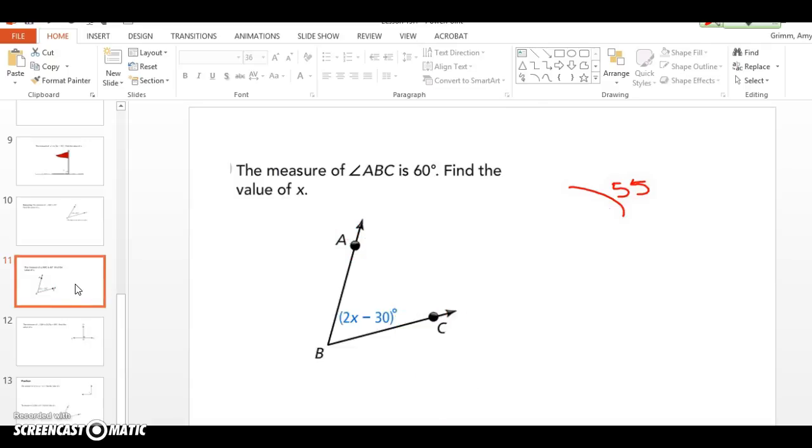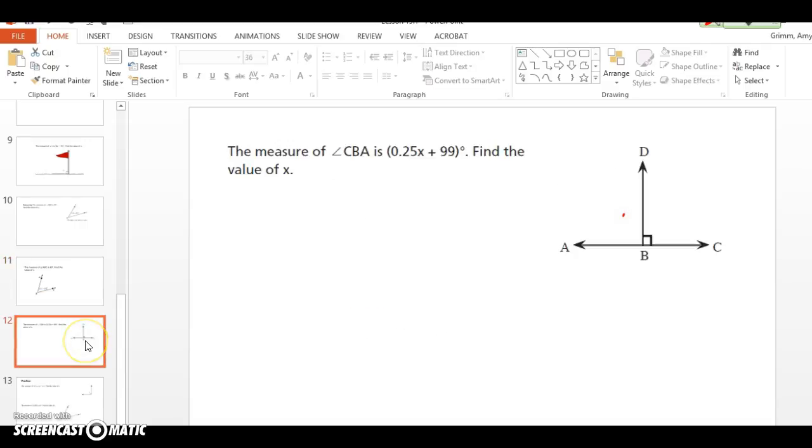I don't think we need to go over another one just like that. You feel like you have it? Let's see what else I have on here. Let's look at this one, and then I'll have you try two on your own just to make sure you're getting it. All right, the measure of CBA. So again, we have to think where CBA is.